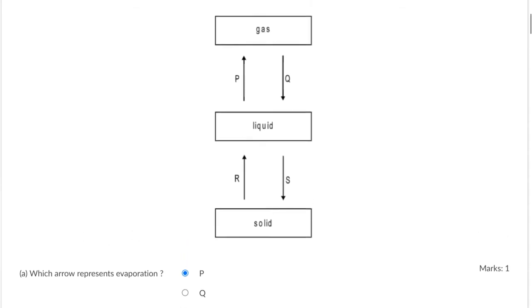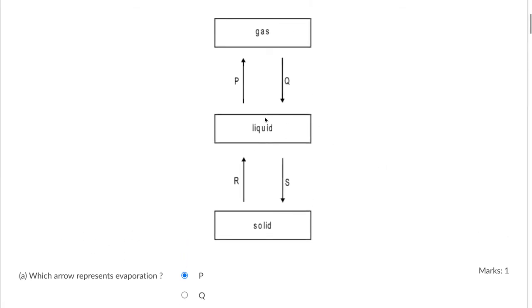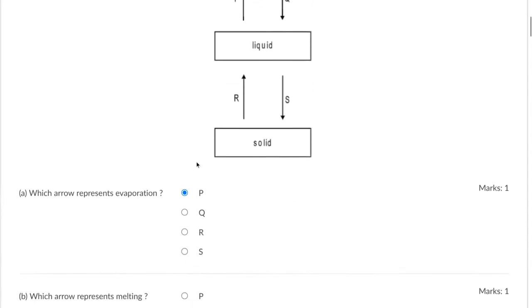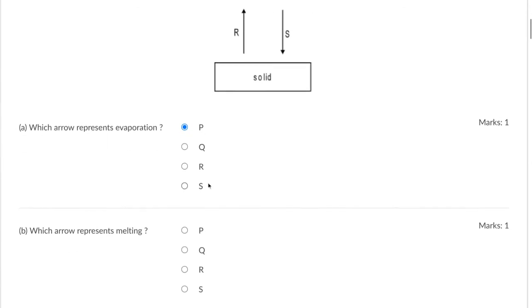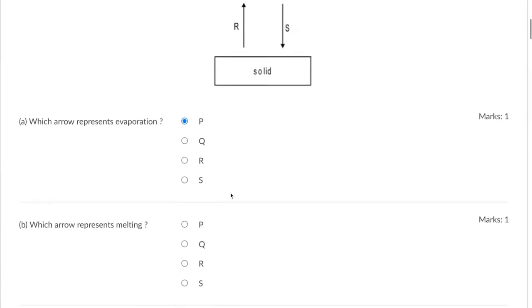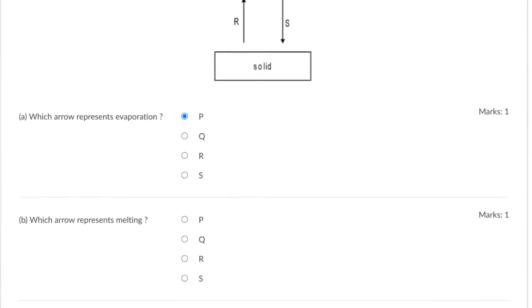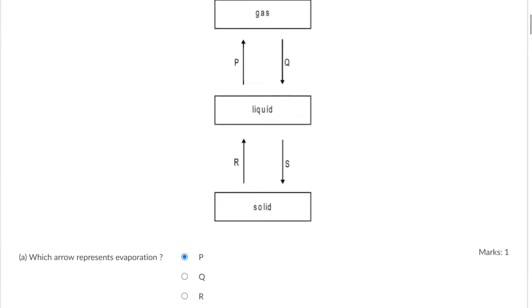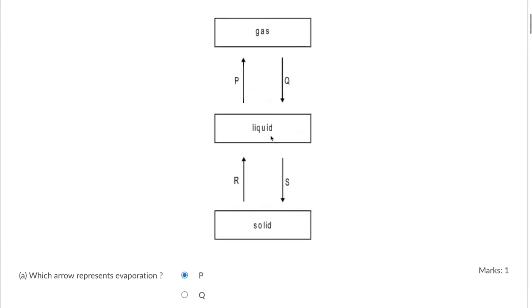So evaporation is obviously from a liquid to a gas. So for this one, we can easily identify arrow P. So arrow P is the answer for the first question. The second one asks us which one is melting. Melting is solid to liquid, so that is going to be arrow R in this example.